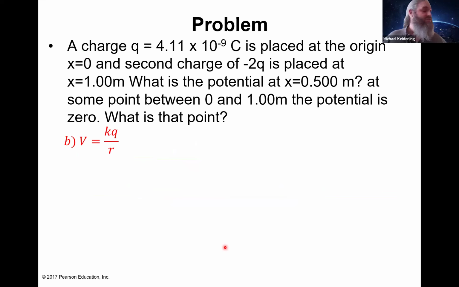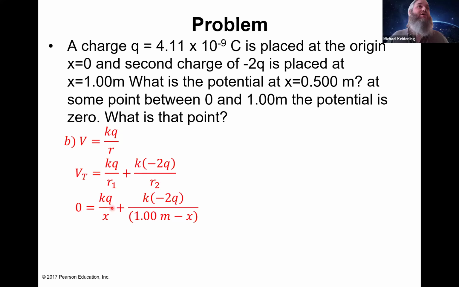So voltage is KQ over R. Total voltage is KQ over radius 1 plus K times minus 2Q over radius 2. Radius 1 is x, radius 2 is 1 minus x, and the total voltage is equal to 0. So KQ over x plus K times minus 2Q over 1 minus x.